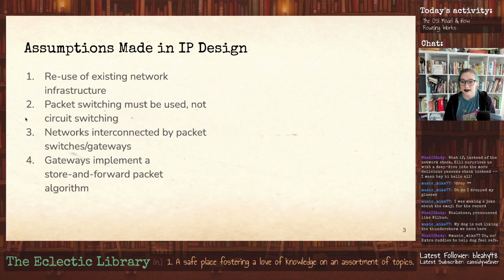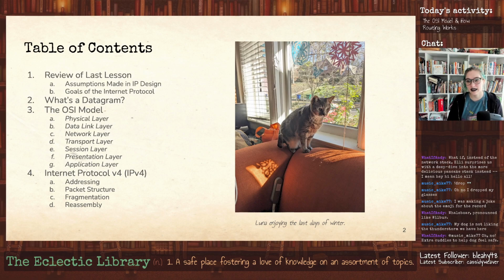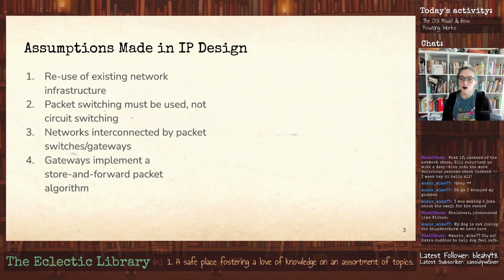Alrighty. So, first thing from last lesson that we went over was the assumptions that were made in the Internet Protocol design. So, to reiterate those in human legible language, the assumptions that they made, slash the definition of scope for the design of the Internet Protocol was that, one, they are going to be reusing the existing network infrastructure that they had at the time.